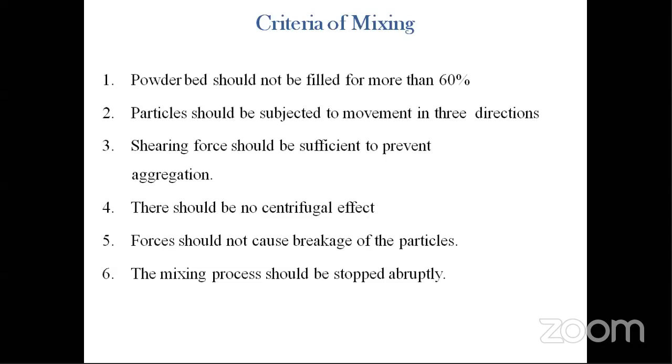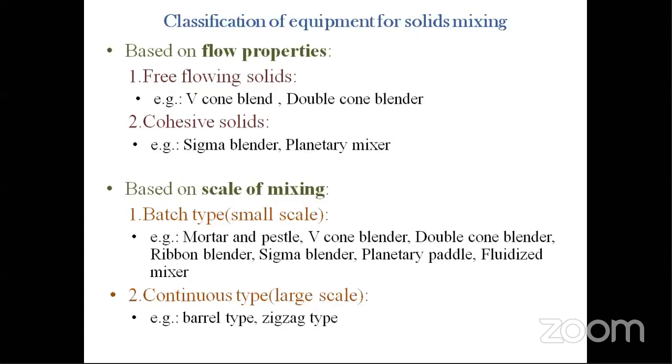Next comes what types of equipment we are using for laboratory purposes and industrial purposes during the solid mixing process. So the first classification is based on the flow properties of the powders, and the second classification is based on the scale of mixing.